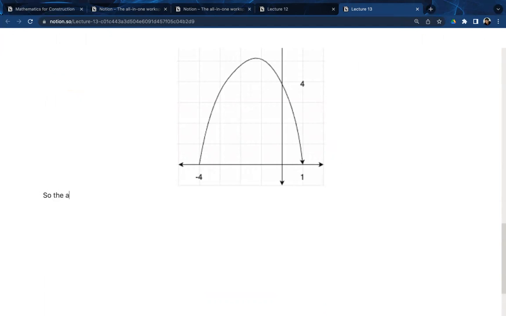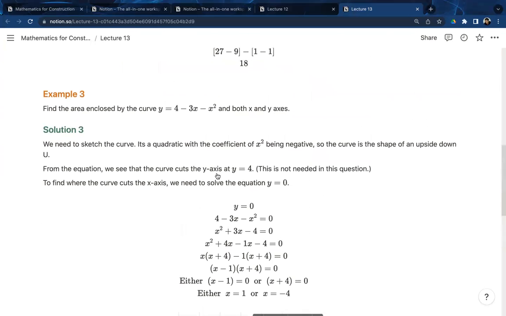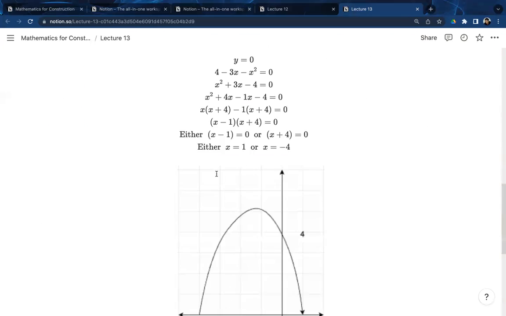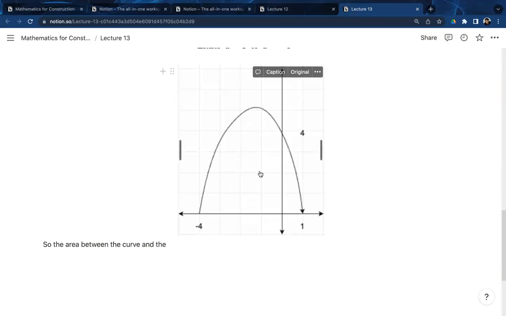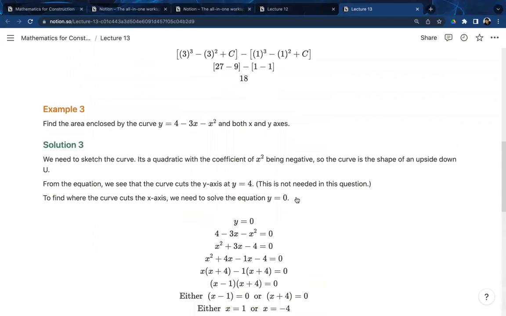So the area under the curve. So this could have meant two areas. It could mean a big area here or the smaller area here. So I could just rephrase this.